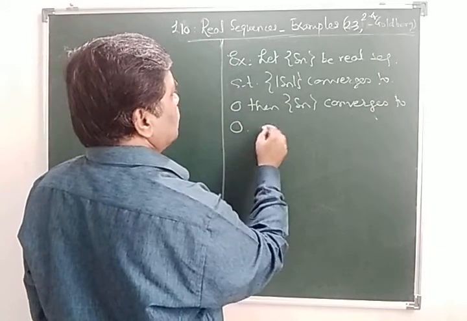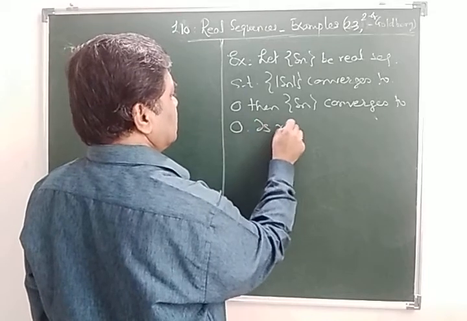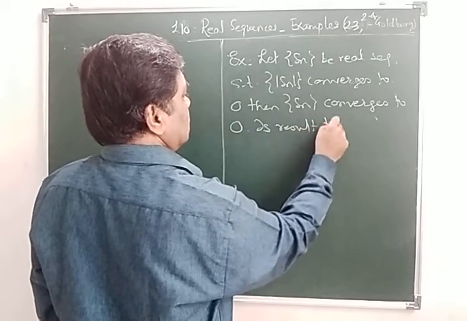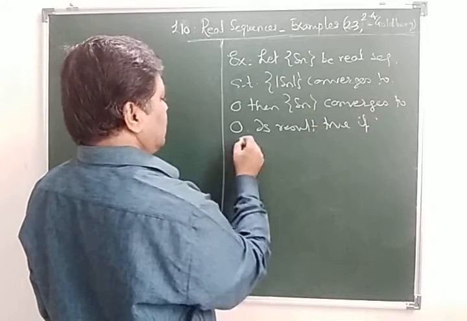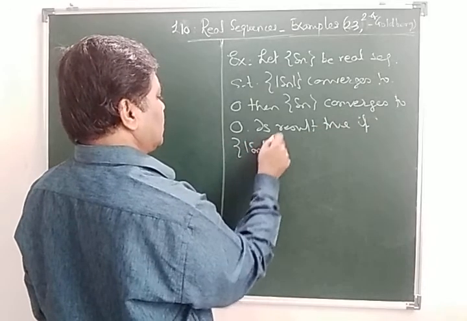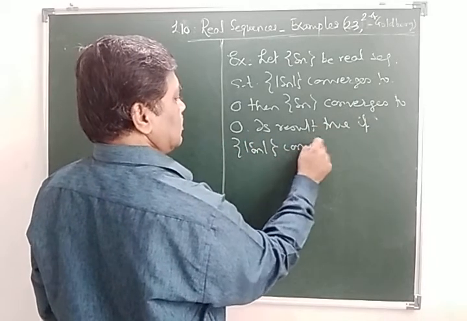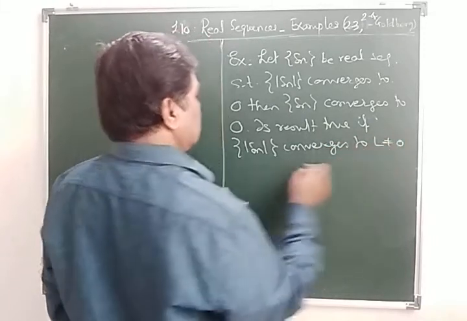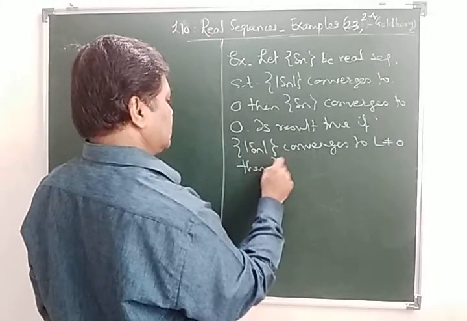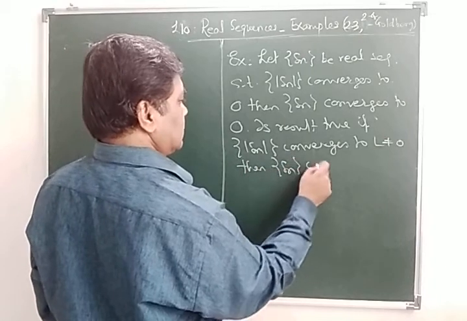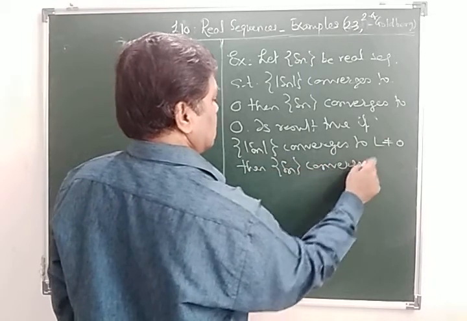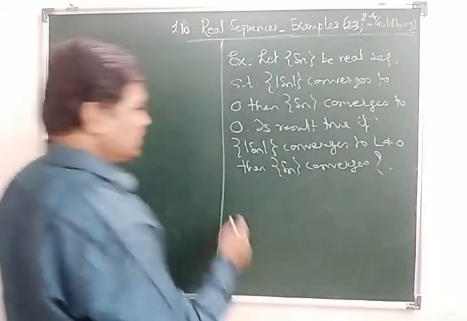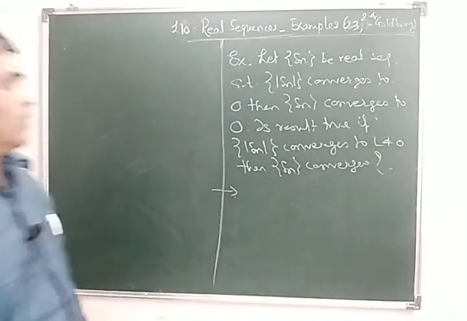Is the result true? If mod Sn converges to L, L not equal to 0, then Sn converges. So I have to justify whether it is convergent or not. Okay.